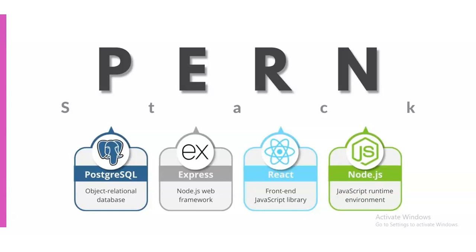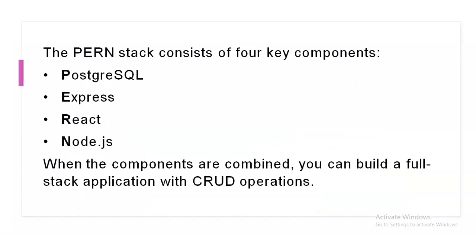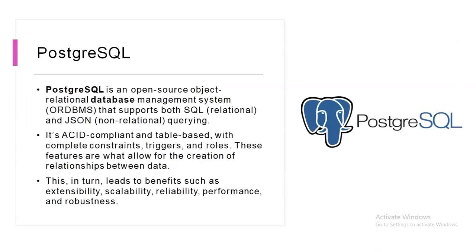Node.js is termed a JavaScript runtime environment, which gives the runtime for JavaScript, Express, React, Next, Angular, etc. So the PAN stack consists of four key components: PostgreSQL, Express.js, React.js, and Node.js. All those components are combined together to create CRUD operations.